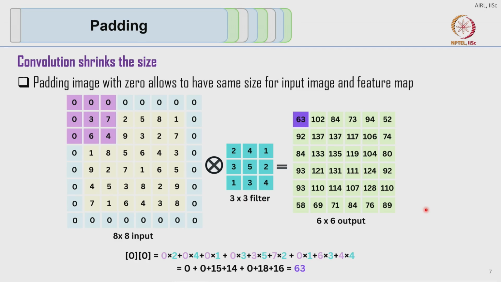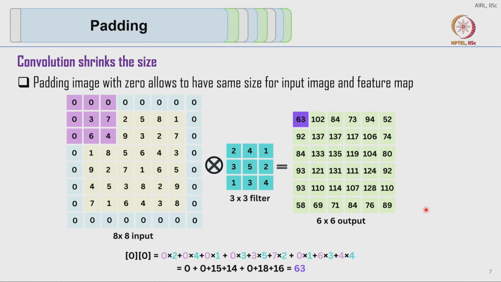I pad the 6x6 image with zeros: one row of zeros on top, one row at the bottom, and zero columns on the left and right. So I padded with zeros. Now the size has increased from 6x6 to 8x8. I run the same 3x3 filter. What will happen?